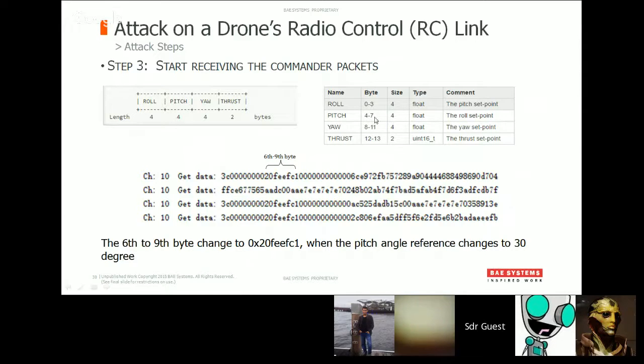So here, when we change the pitch angle reference, the 5th to 8th bytes change. So which means this piece of payload contains the reference signal, and the first byte is just indicating the type of this payload.